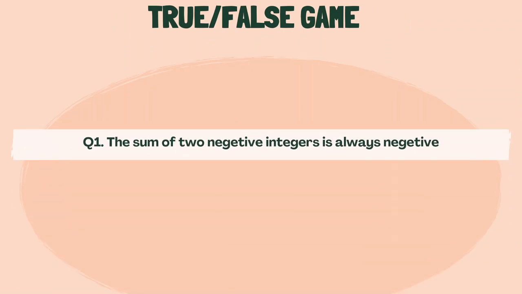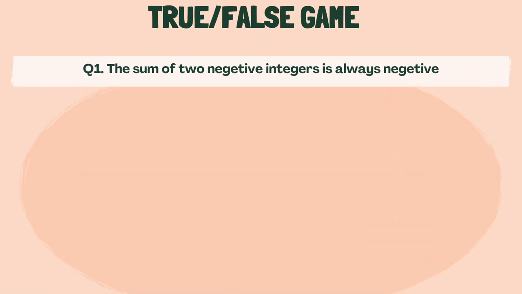Now we will solve some true or false game. Question number 1. The sum of two negative integers is always negative. So to solve this, we will take two integers like minus 3, which is negative, and another negative integer like minus 2, and we will add them. Minus 3 plus minus 2 will be minus 5.